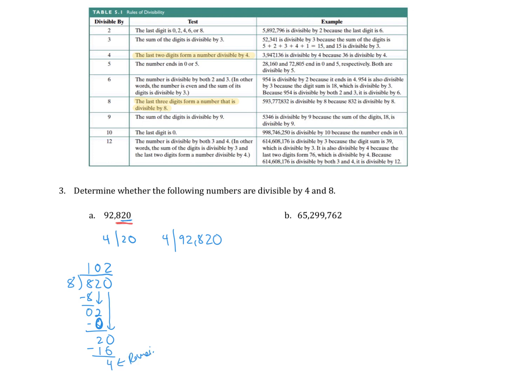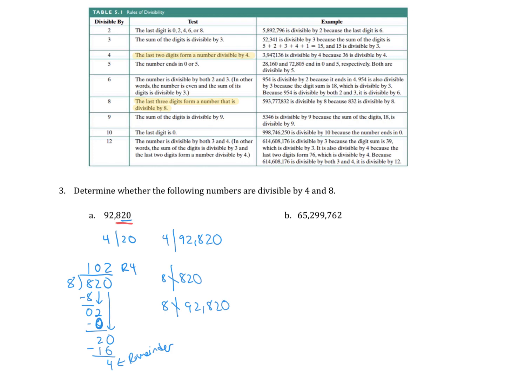And since there's a remainder, that tells me that 8 did not divide 820. We get 102 remainder 4. So since 8 does not divide 820, we can conclude that 8 does not divide 92,820.